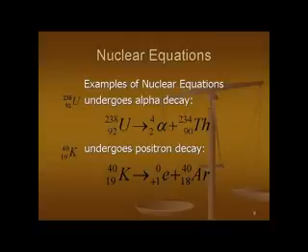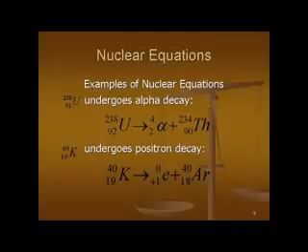What we want to make sure is that the mass is the same on both sides of the equation, as well as we start with that atomic number of 92 on the left side of the equation, on the right side of the equation, we also have to add up to 92. So we have our 4,2 alpha, and then our other product is 234,90 thorium, or we could call that thorium-234.